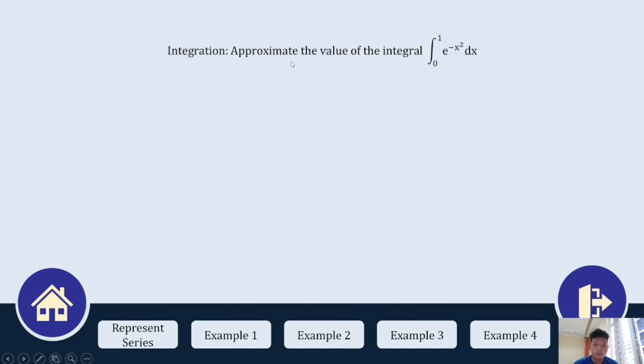Now let's find the approximate value of the integral from 0 to 1 of e to the power of minus x squared dx. As we know, e to the power of x equals 1 plus x plus x squared over 2 factorial plus x cubed over 3 factorial plus x to the power of 4 over 4 factorial plus x to the power of 5 over 5 factorial plus and so on.